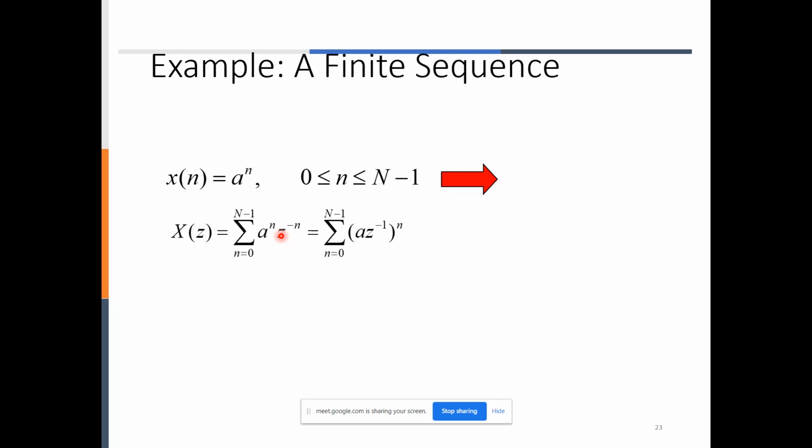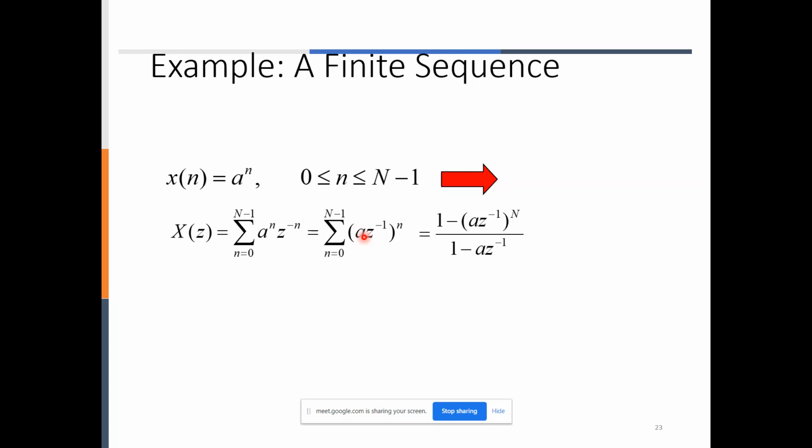From this mathematical formula we know that it is (1 minus a z inverse to the power N) by (1 minus a z inverse). If it is x to the power n, then it is 1 minus x to the power capital N by 1 minus x. Simply put this x value as a z inverse, then we get this simplified version.